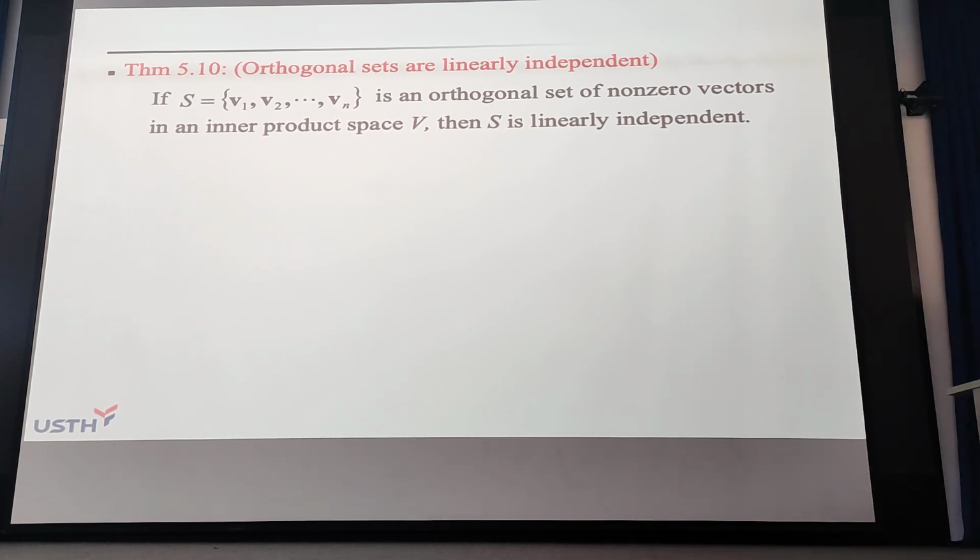We continue with some more consideration, more investigation about the orthogonal system.